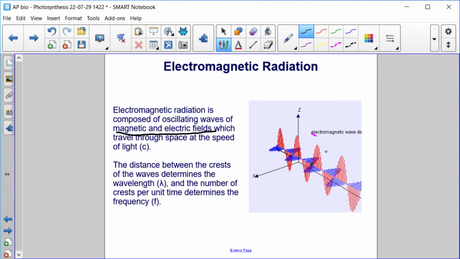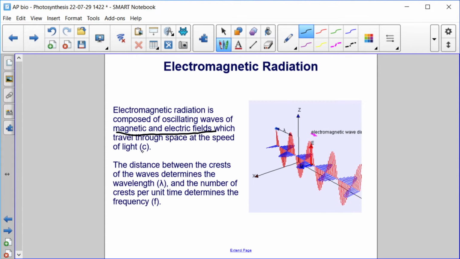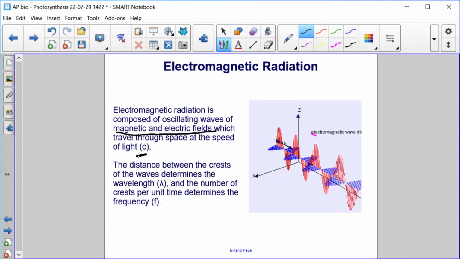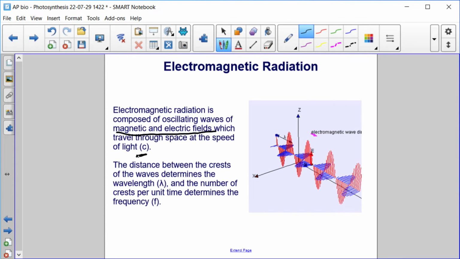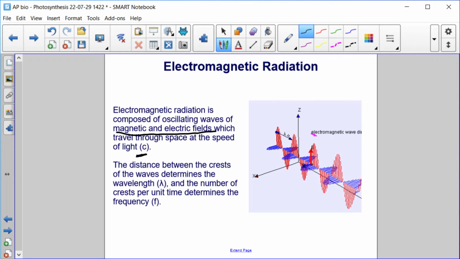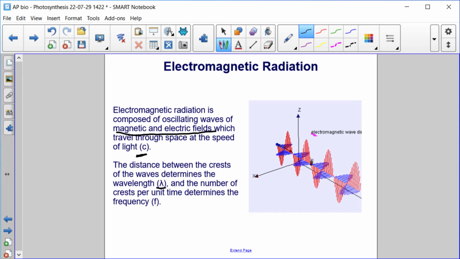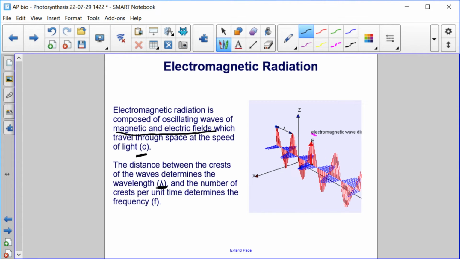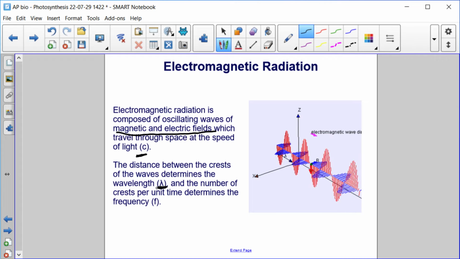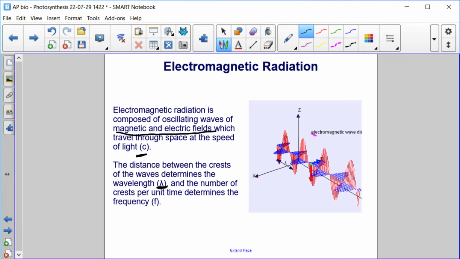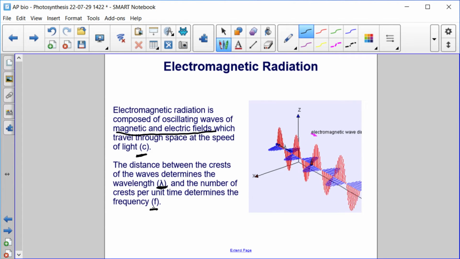This radiation travels through space at the speed of light, which is given by the symbol c. The distance between the crests, from the red peak to the next red peak, is the wavelength, given by the Greek symbol lambda, and the number of crests per unit time, or how often the crests repeat themselves, determines the frequency, or f.